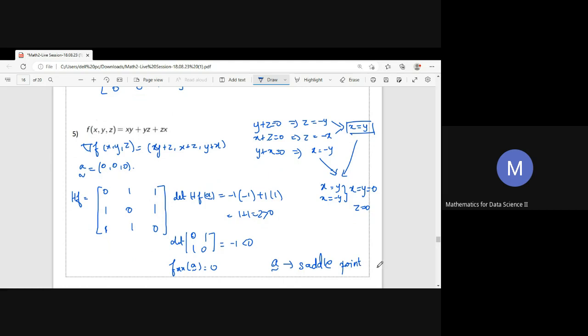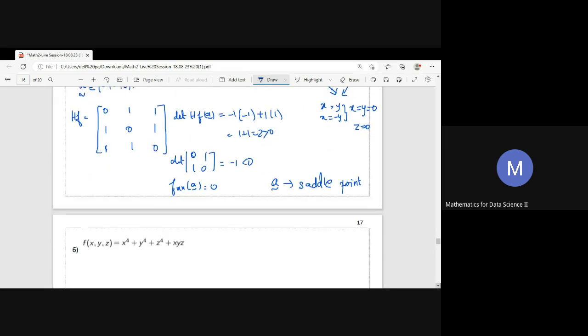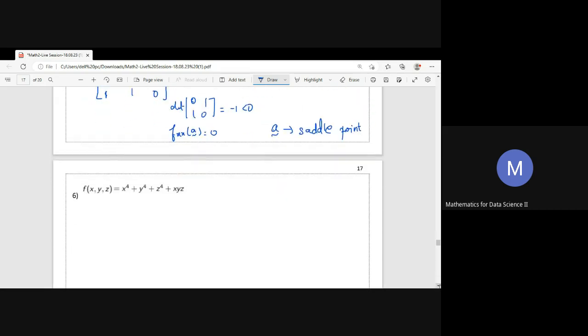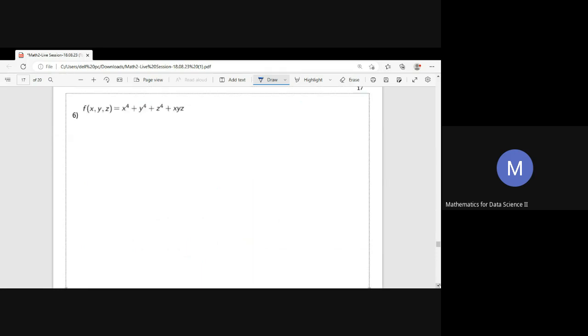Okay, fine. One last problem, shall we do it now? Yes, ma'am. This is the last problem for today's session. It is a bit lengthy. You have like 5 critical points and 5 Hessian matrices to compute.